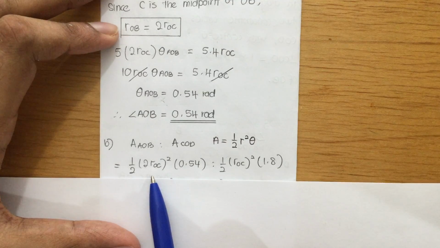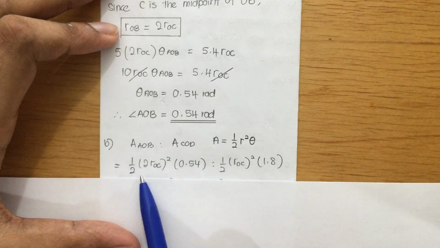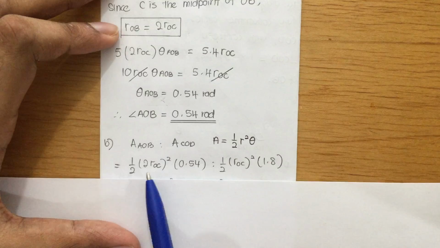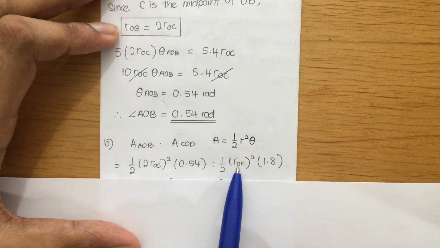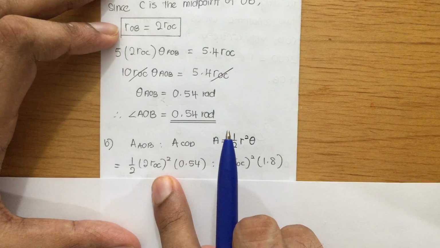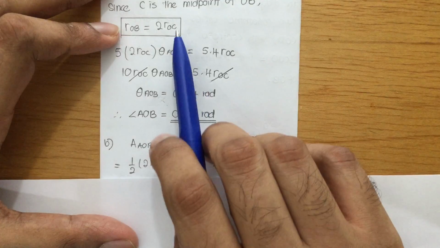Why is it? We have no idea of the radius OB. If we have 2 variables, it is very difficult for us to compare, but if we only have one variable, it will be easier for us to compare. So we are expressing this in terms of radius OC, since OB is equal to 2 times OC, which we already mentioned.